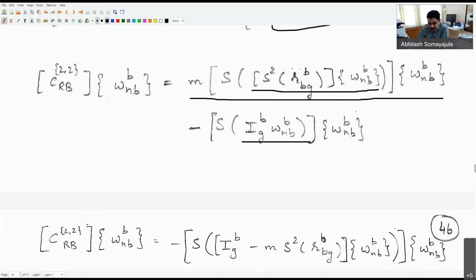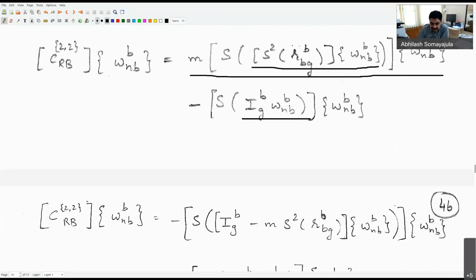I can combine them both: a skew-symmetric matrix due to the first vector times omega nB, and the second one is S square R times omega nB. I'm just taking it as a common factor.